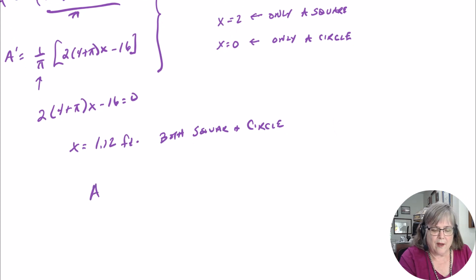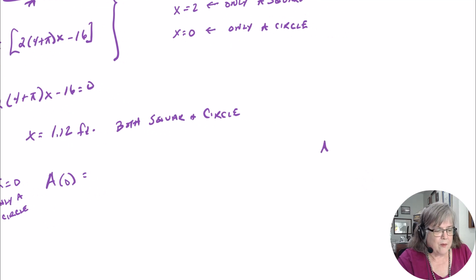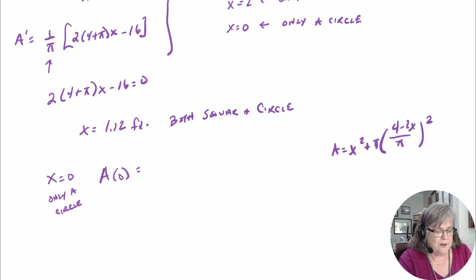When x is 0, you have only a circle, because that says you're not putting any of the wire into the square. So if you substitute that back into your area formula, which was x squared plus pi times ((4 minus 2x) over pi) squared, if you substitute 0 into that, you get 5.09 square feet.